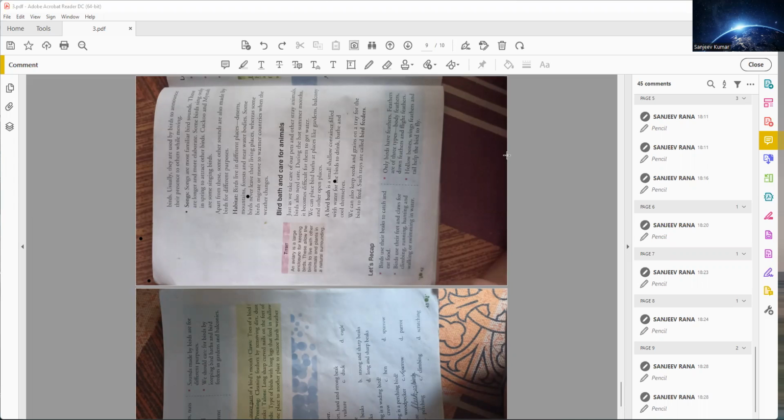We can also keep seeds and grains in trays so that they can feed, because it is the only source nowadays. The fields are fewer, and people are not into farming, so we can give grains and a small space in the garden for the birds, so that these birds can also live around our surroundings.